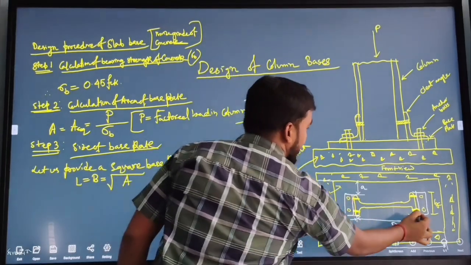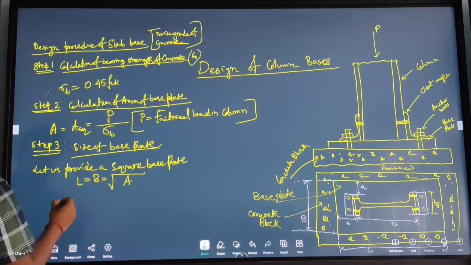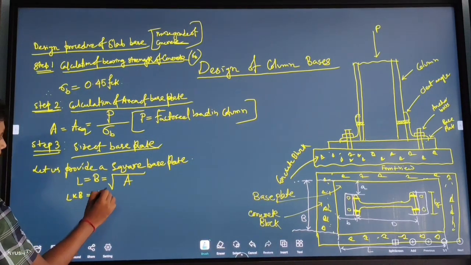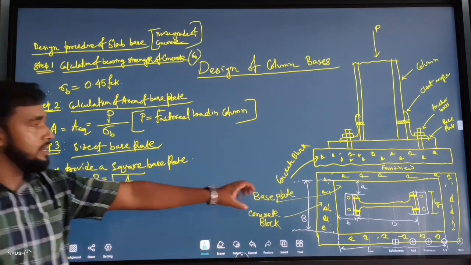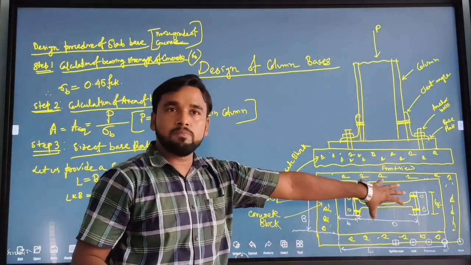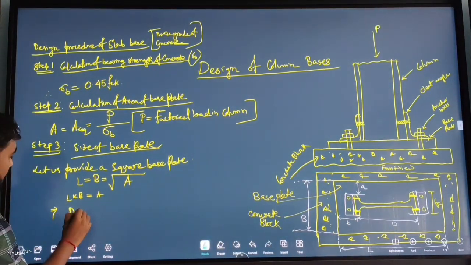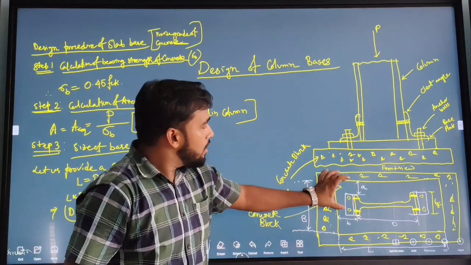So we can write A is equal to B plus 2B. Okay. Now A into B is equal to the overall area of the base plate. Isn't it? Area is side square, so A into B is the overall area of the base plate. So A is equal to B plus 2B and B is equal to how much?